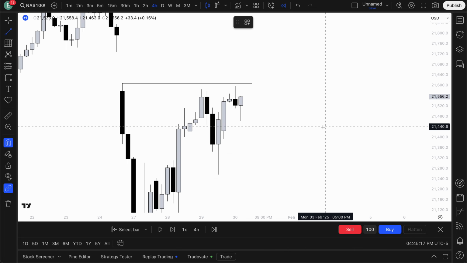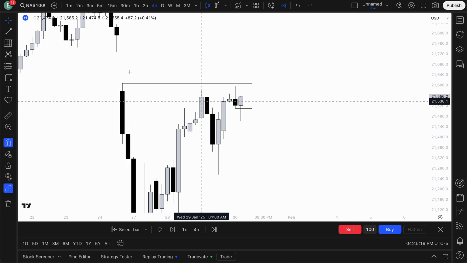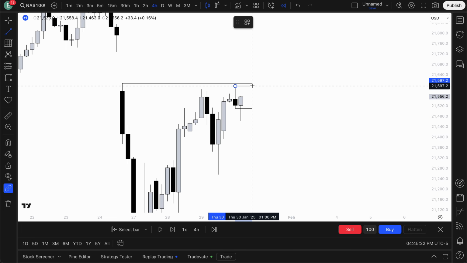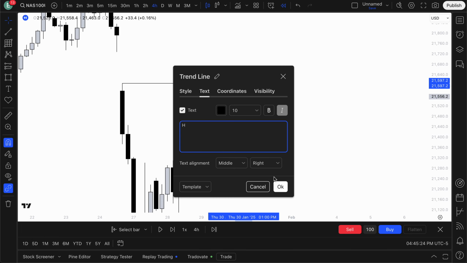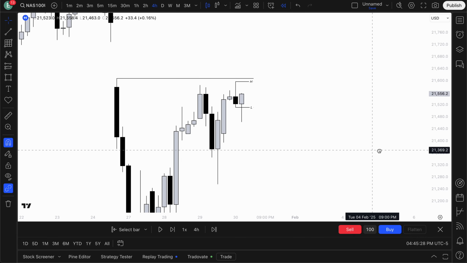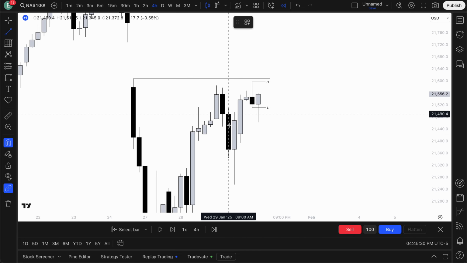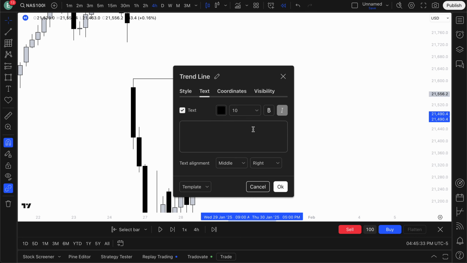And then we had this range right here, the high, the low. And then we have the key level that it tapped into right here, which is a 4 hour order block.